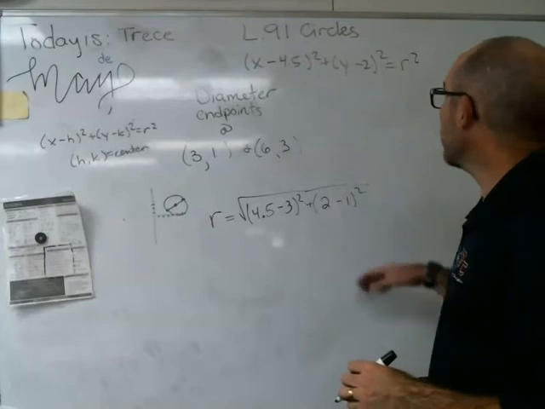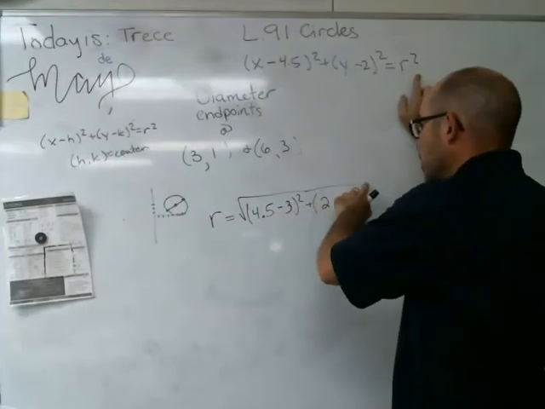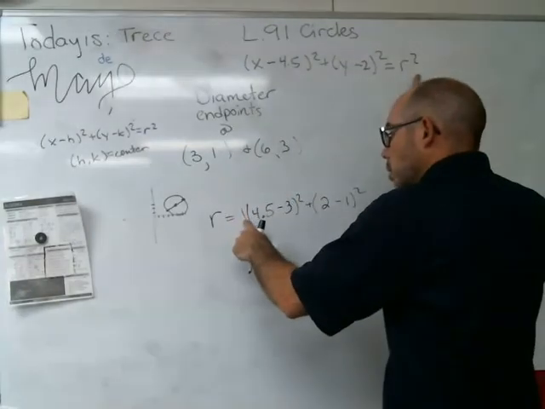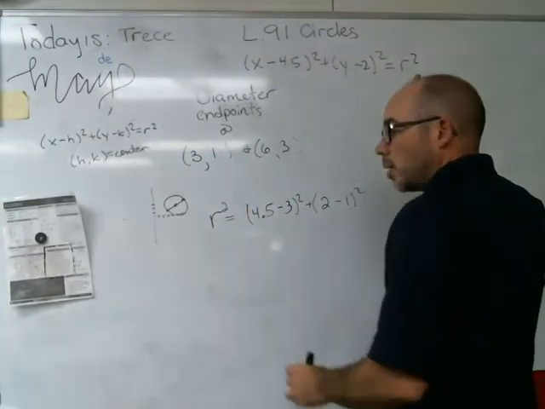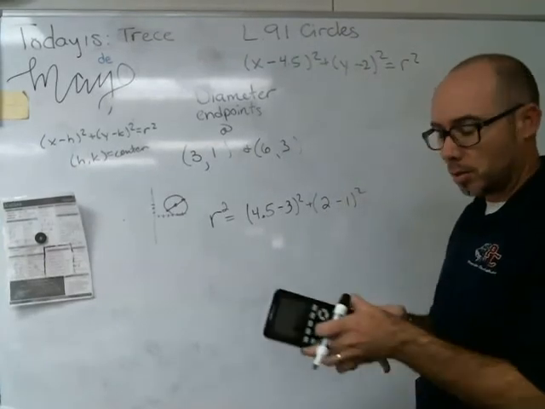Now actually, if I want to fill this in and just put the r squared, why don't I just square both sides? And I'll plug in whatever that equals. R squared will equal whatever this expression equals.